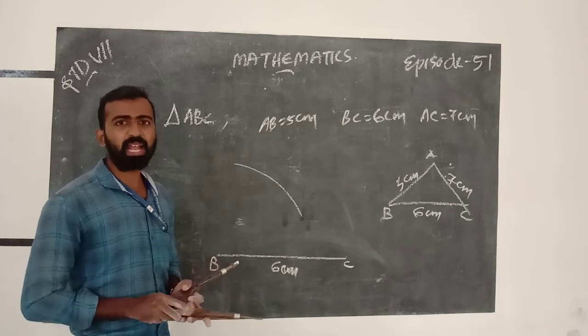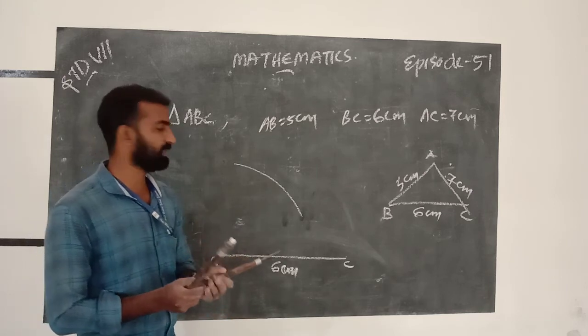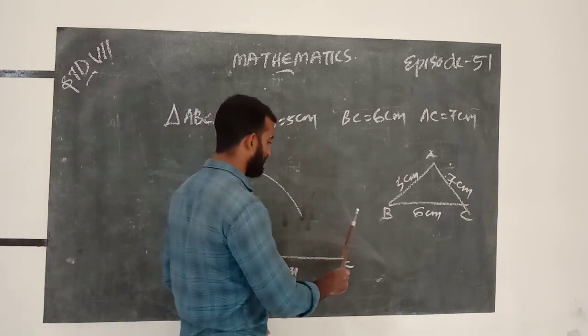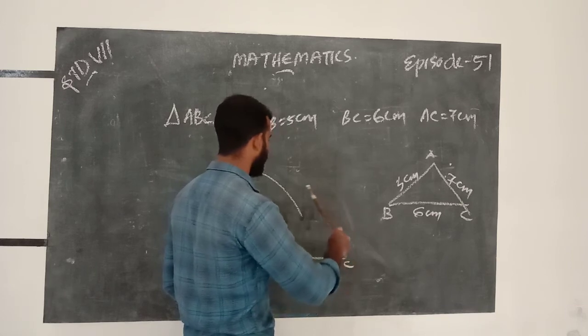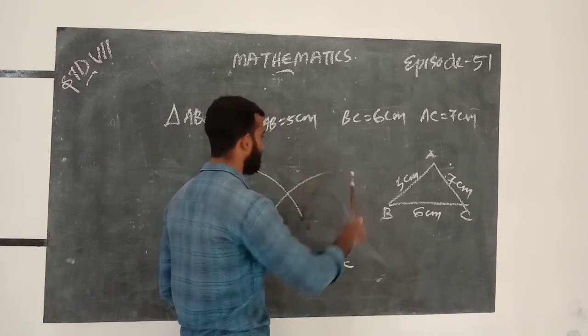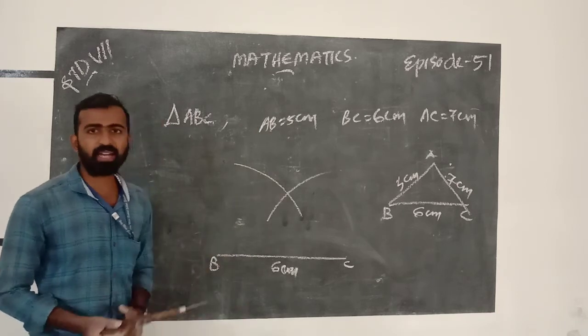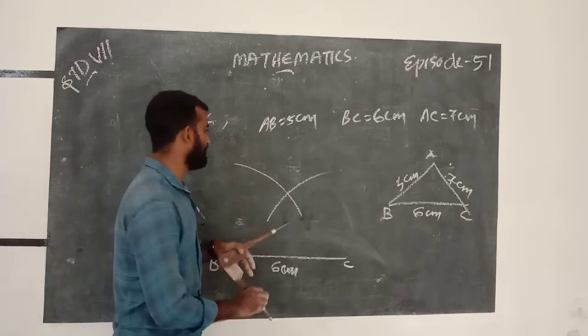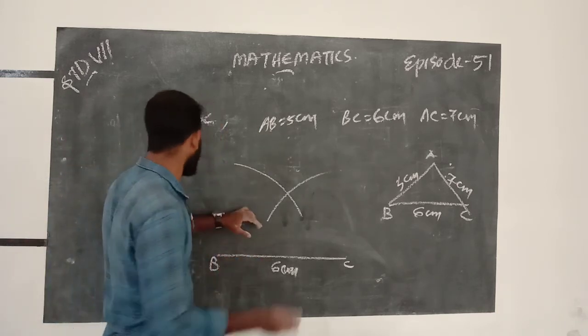Next, we take 7 centimeter in the compass, take C as the center and draw an arc. These arcs intersect, and that point is our A.